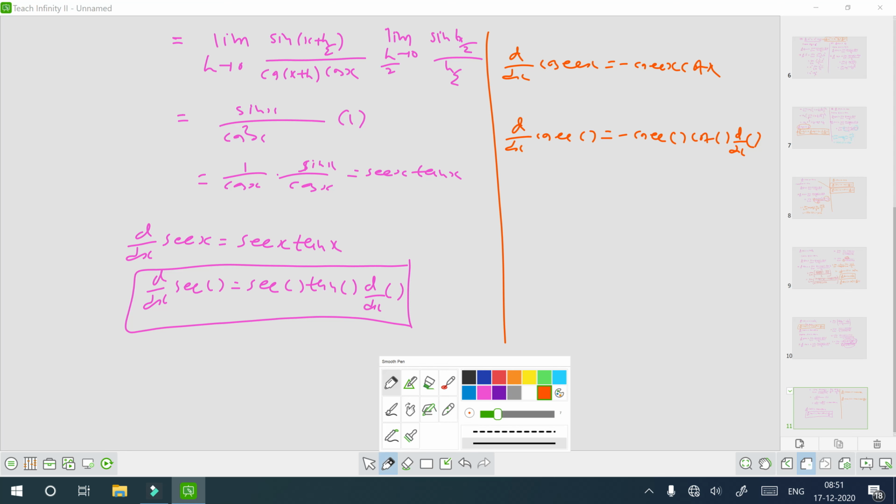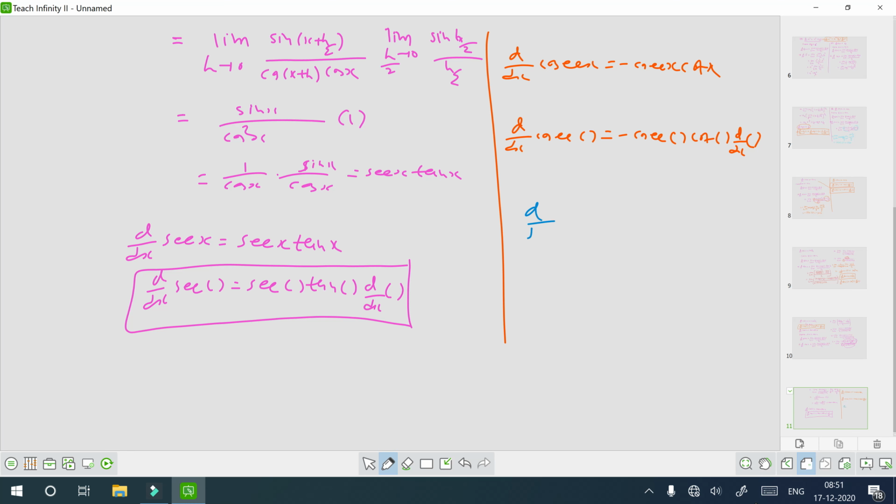Now all of you please see here. Starting from sine, let us write it. D by dx of sin x is equal to cos x, whole trigonometric form. D by dx of cos x is equal to minus sin x. D by dx of tan x is equal to sec square x.